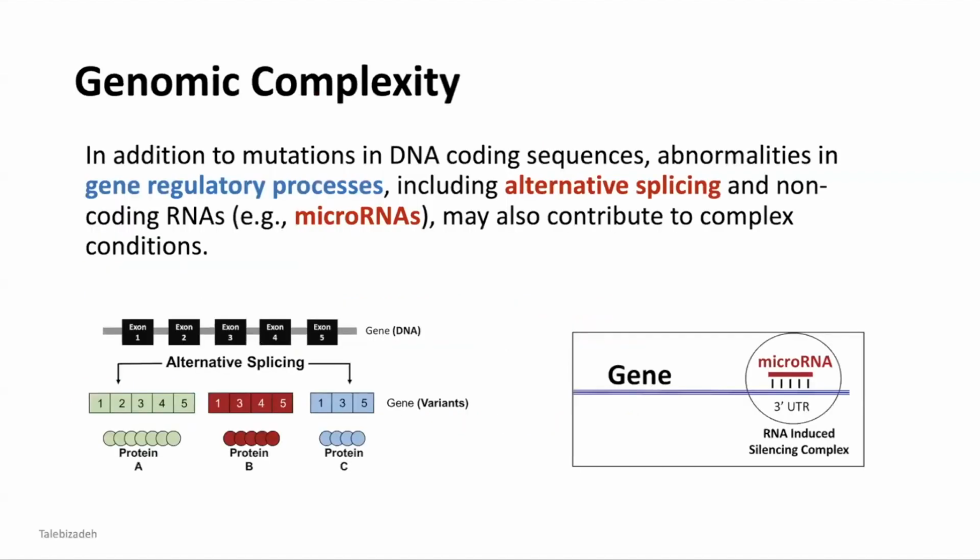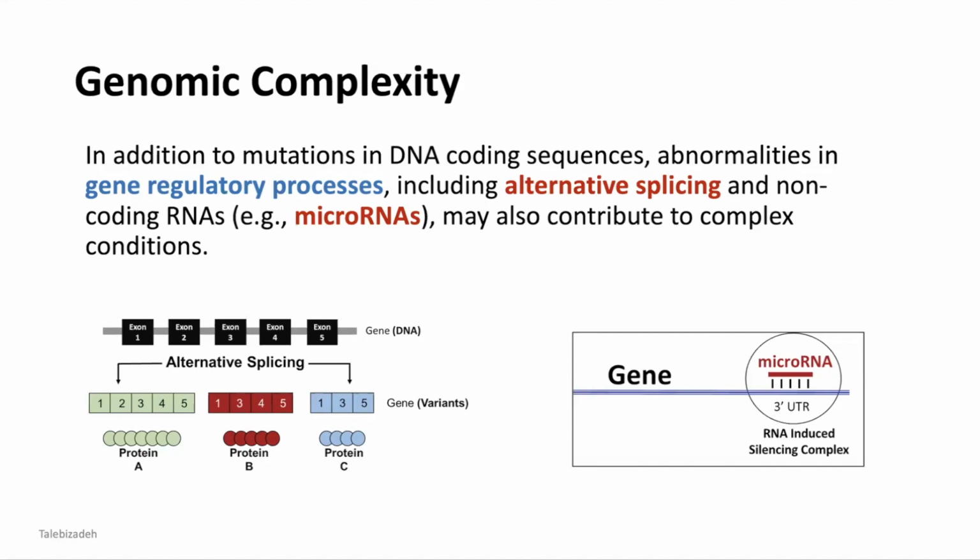In addition to mutations in DNA coding sequences, abnormalities in gene regulatory processes, including alternative splicing and non-coding RNAs, may also contribute to complex conditions such as autism. Coding sequences of genes are composed of several segments called exons.